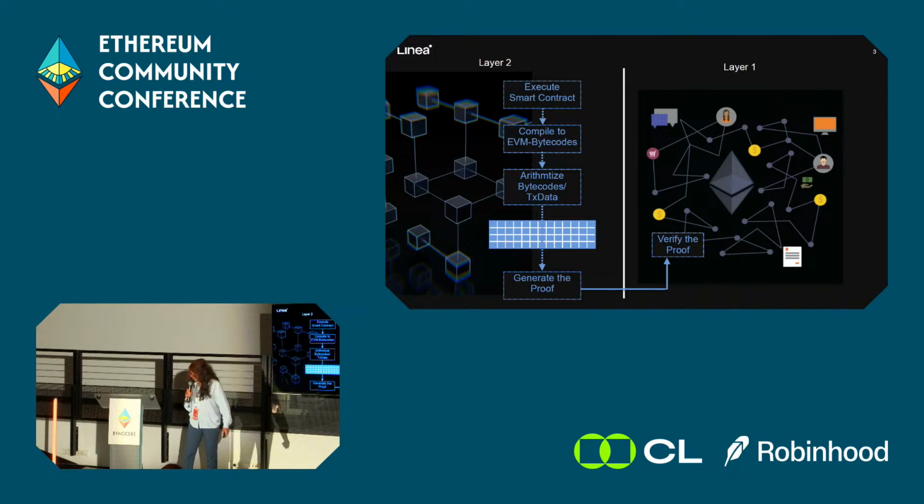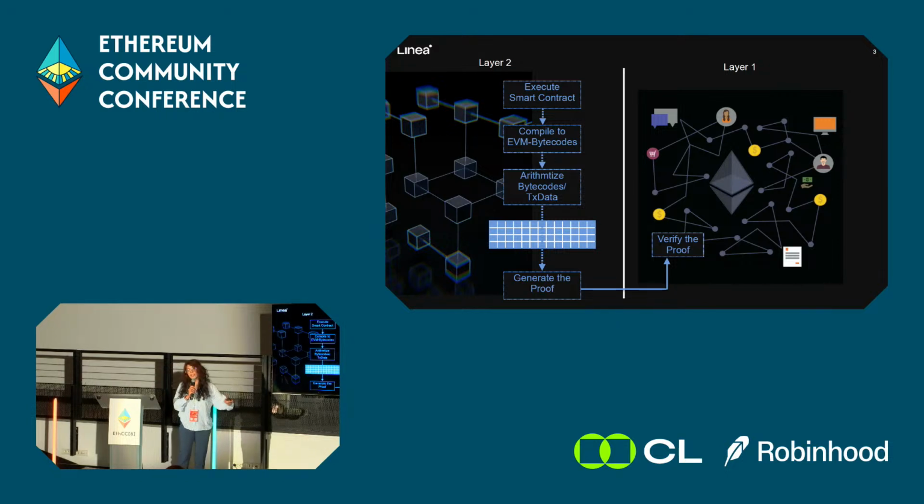So, what happens in layer 2 and between layer 2 and layer 1? All the stories start from arithmetization. On layer 2, you have EVM bytecodes that arithmetization takes and converts to columns, tables, and constraints between these columns.